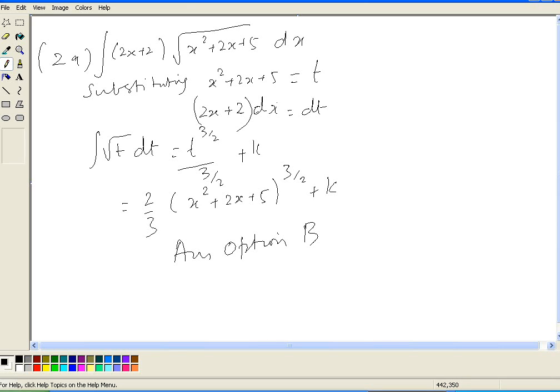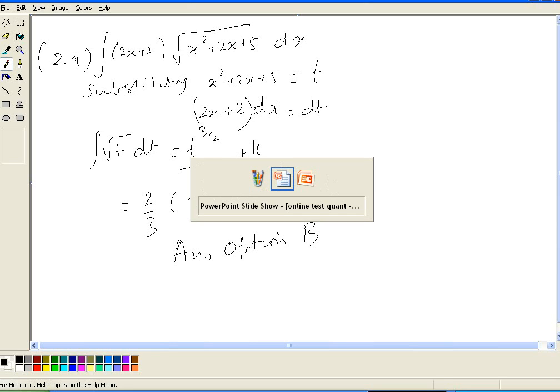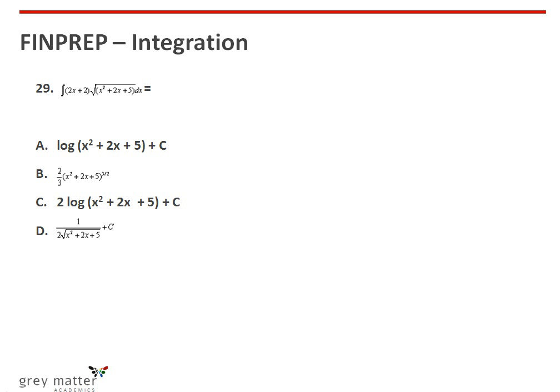That is 2 by 3 of x squared plus 2x plus 5 power 3 by 2 plus k. So the answer is option B. Going back to our PowerPoint, it is option B.